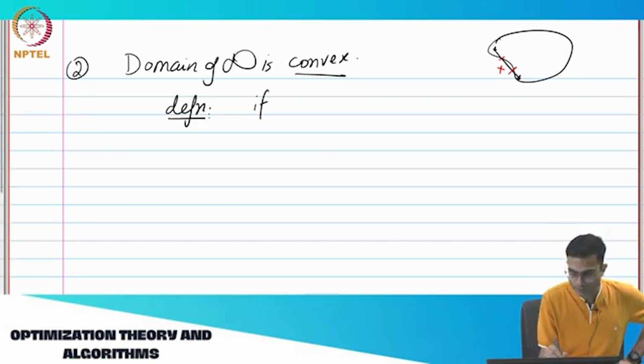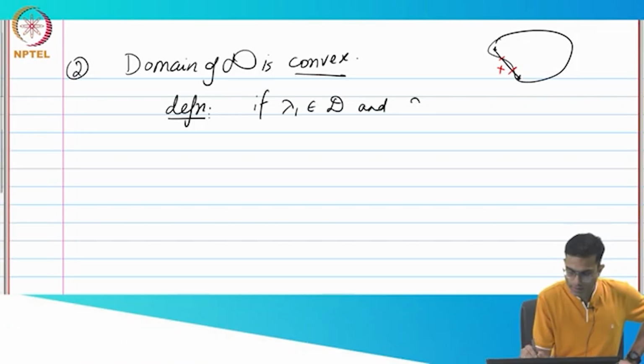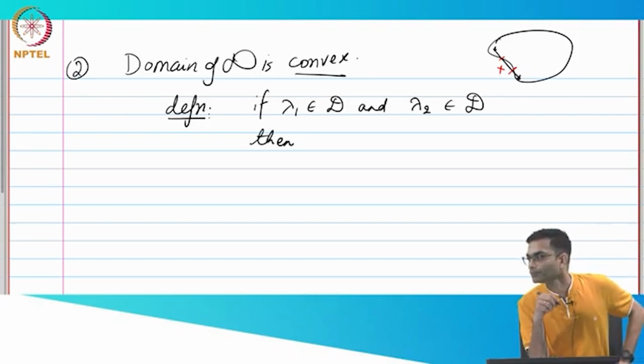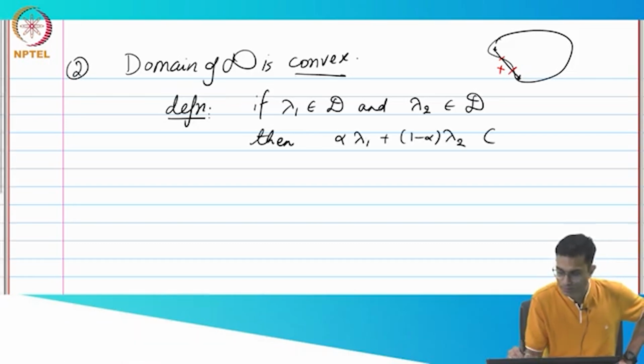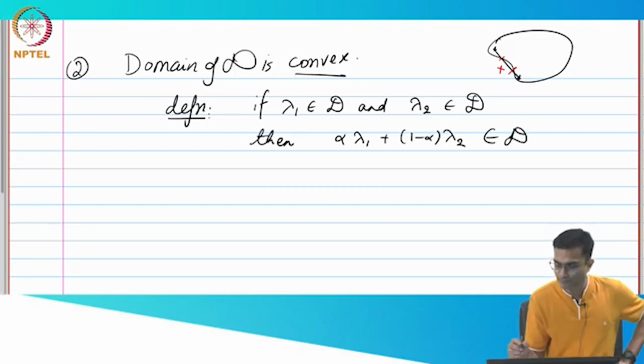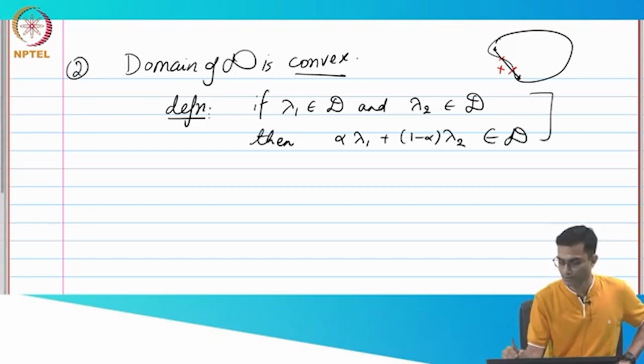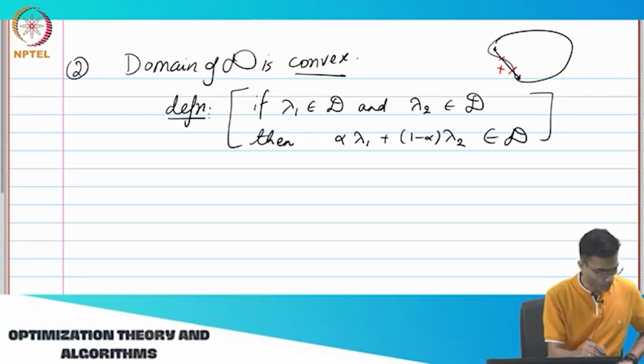I would say if lambda 1 belongs to D and lambda 2 also belongs to D, then alpha lambda 1 plus 1 minus alpha lambda 2 must also belong to D. This is the definition of convexity which we want to prove.